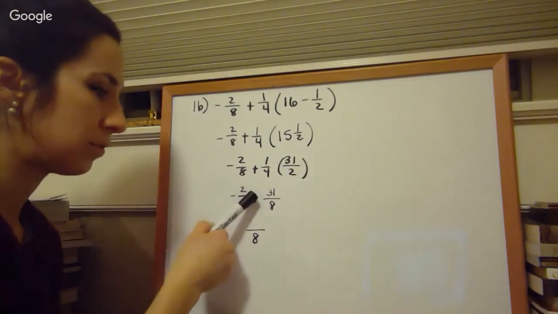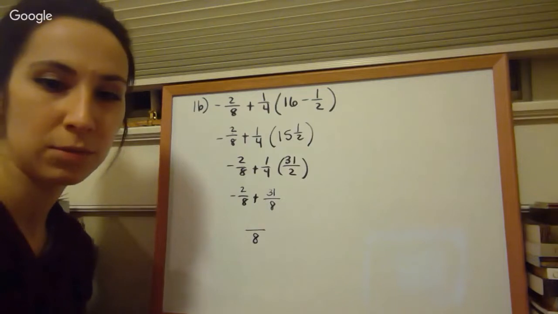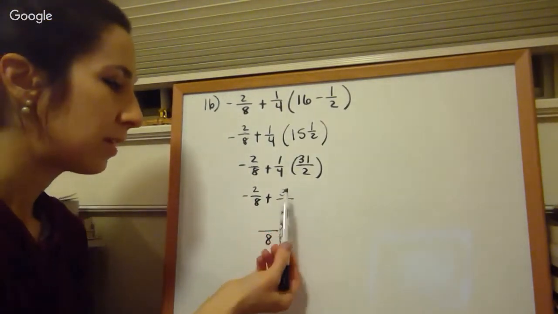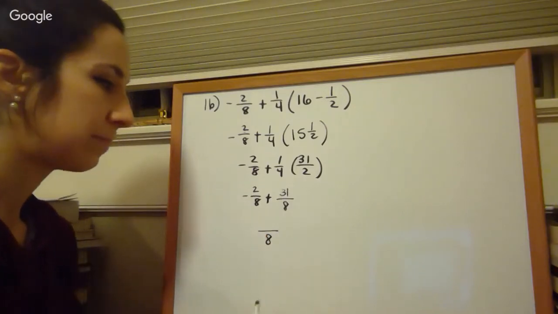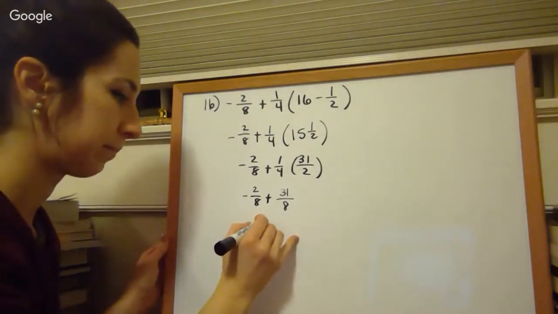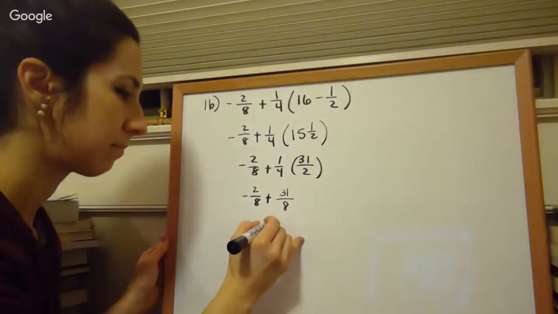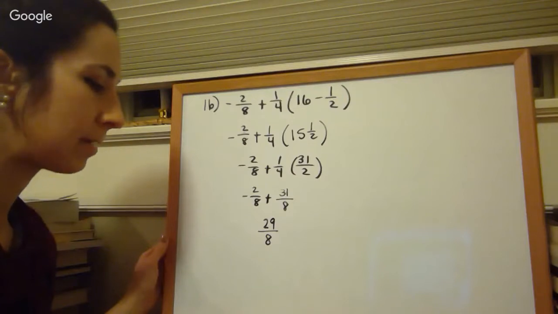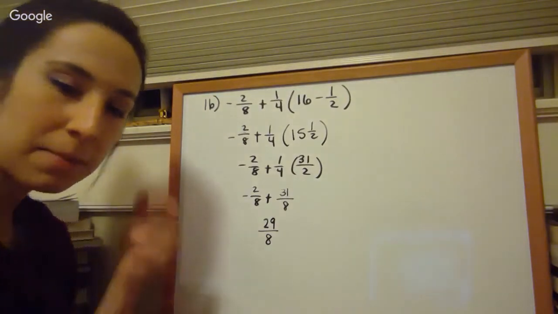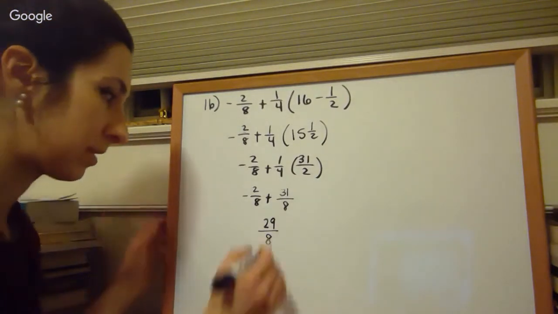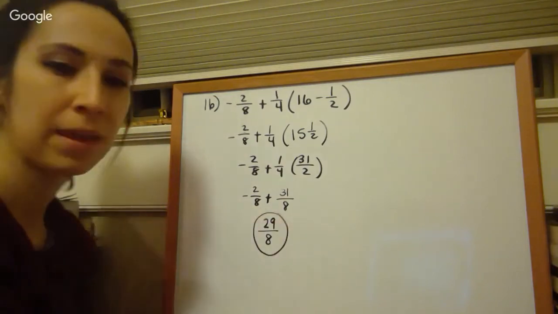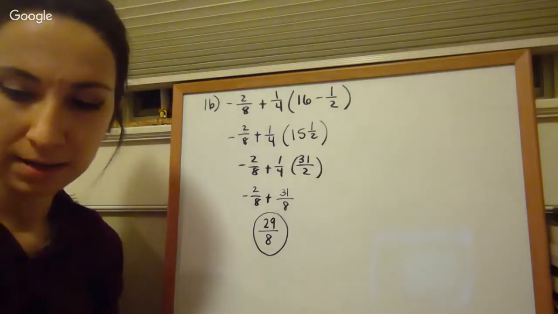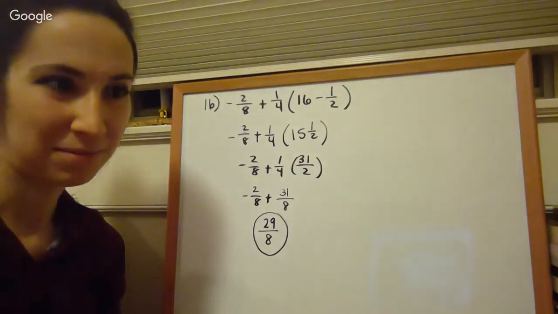So -2 plus 31, or you can think of it as 31 minus 2, and that is 29. 29/8. And 29 is a prime number, so we're not going to be able to reduce this anymore. And by the way, I'm going to be posting an answer key to this whole entire practice tonight.